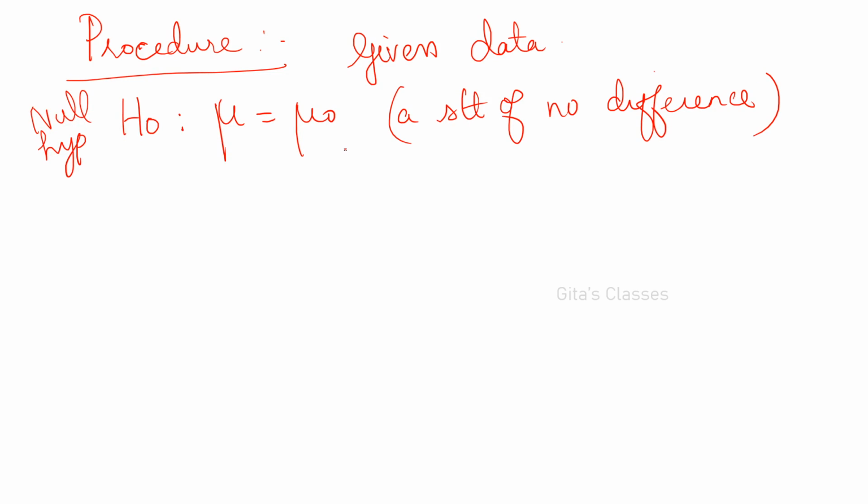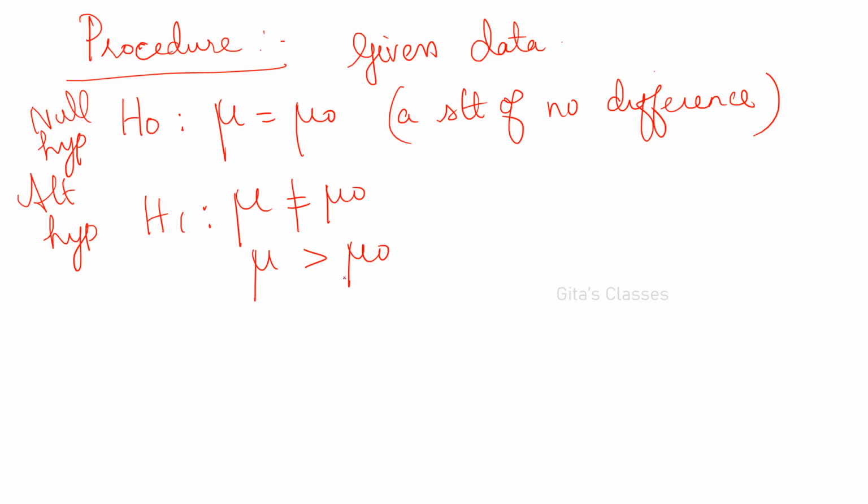Next, write the alternative hypothesis, H1. There are three possibilities. One is mu not equal to mu naught, one is mu greater than mu naught, and another one is mu less than mu naught.